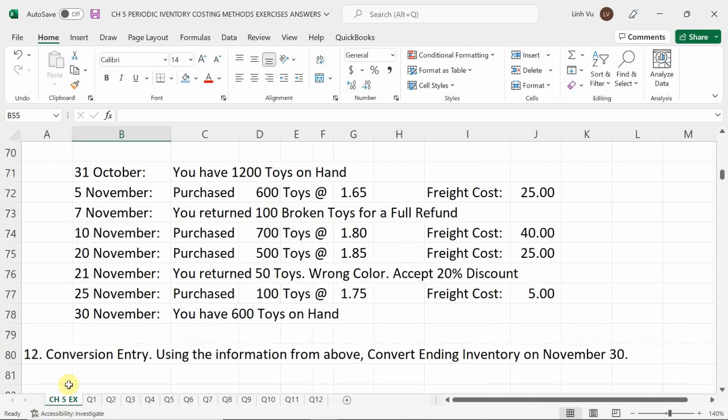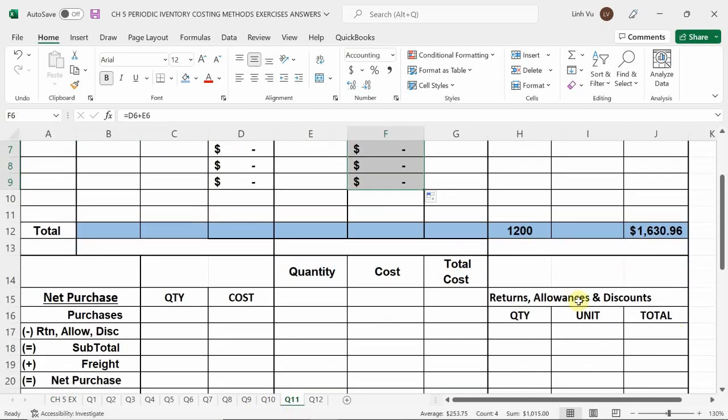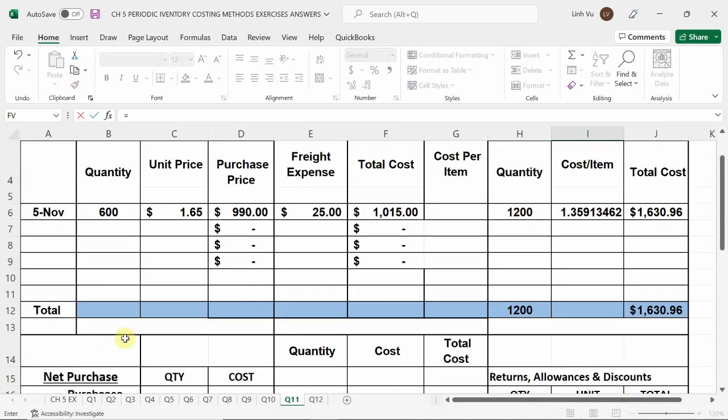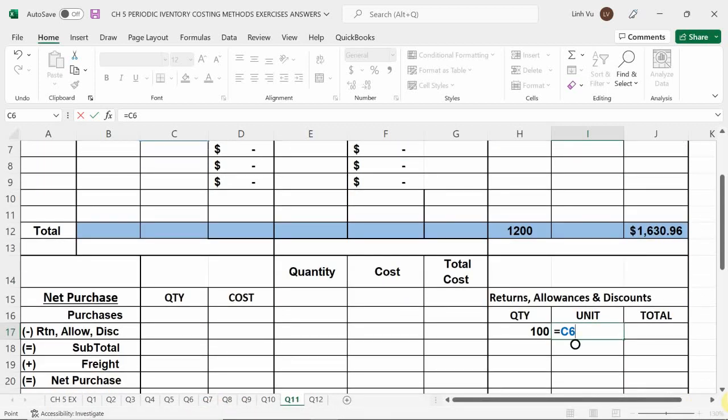November 7, you end up returning 100 broken toys for a full refund. So you end up having 100 broken toys. You purchased them for $1.65, so it'd be $165.